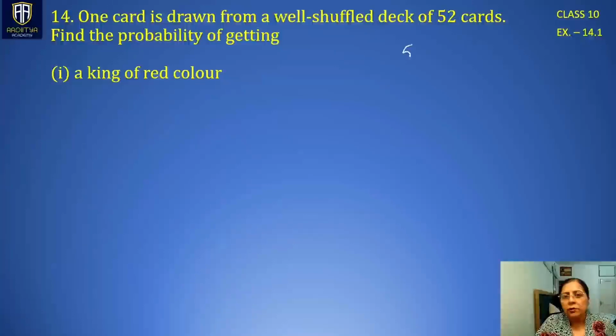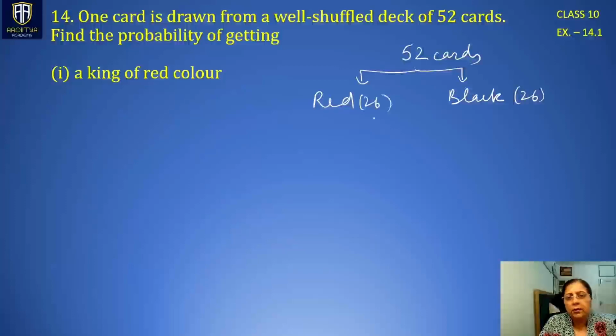We have 52 cards in all. According to color, we can divide those 52 cards into red and black, right? Black are 26 in number and red are 26 in number. And then we have 2 suits in red and 2 suits in black.